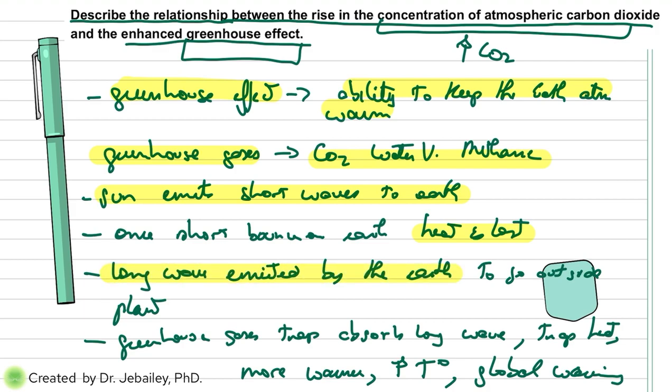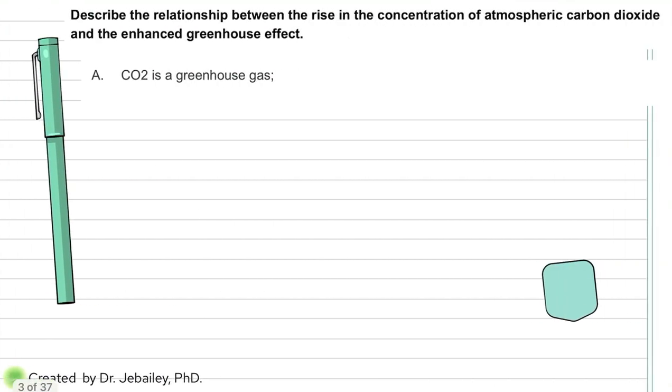So remember, short wave for the sun and long wave for the earth. And then after this, mention how the greenhouse gases trap and absorb this long wave. That means trapping heat, and that will increase the temperature, which can lead to global warming. So this is a very generic mark scheme that can be used every time you're talking about the greenhouse effect. So let's look at the mark scheme.